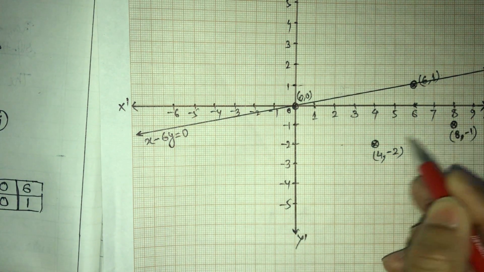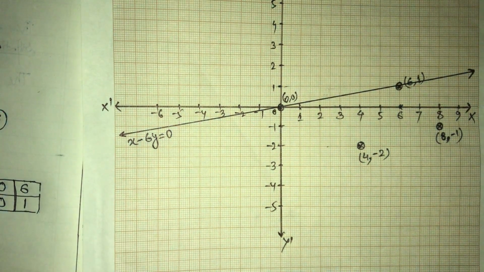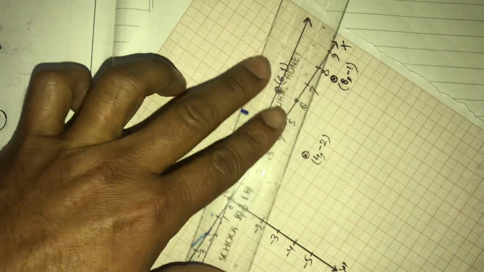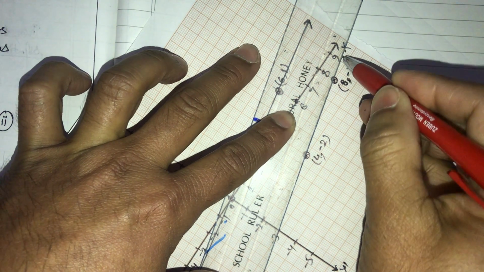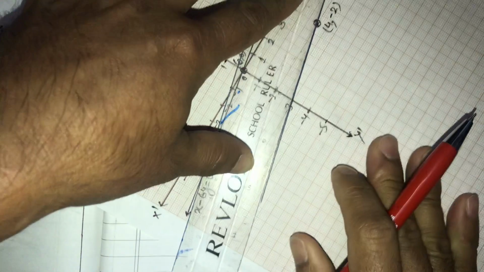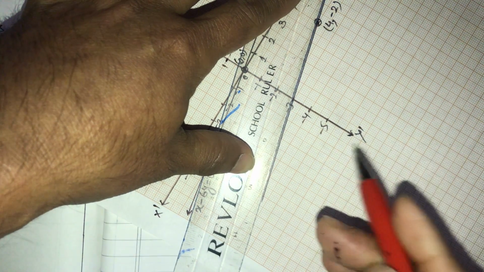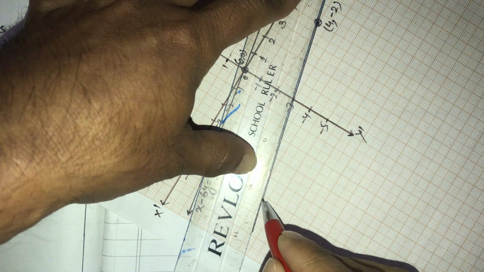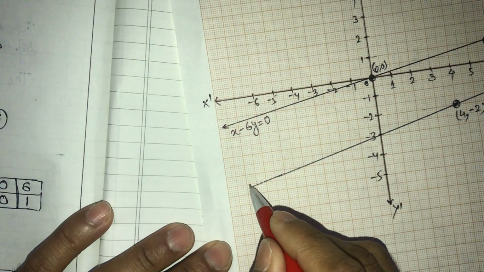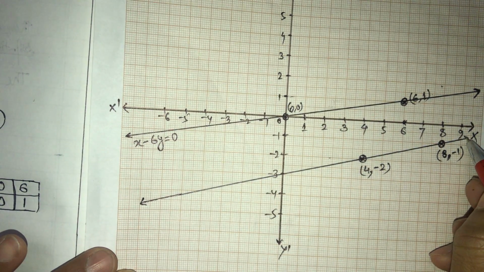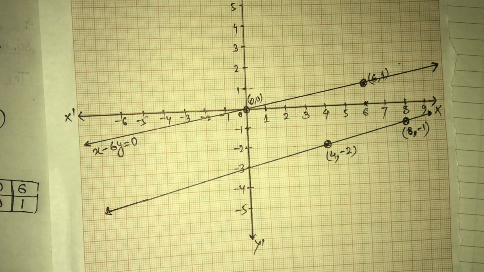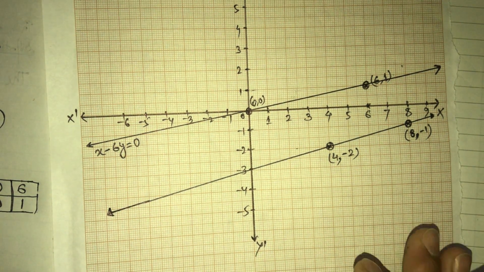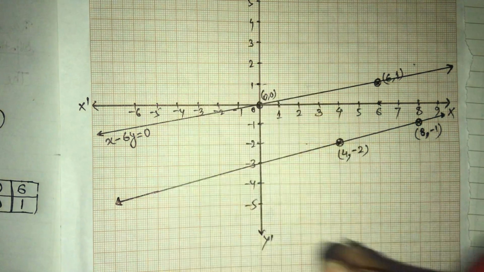So we got 2 points once again. Now we'll join these 2 points. Now we can join them, and as I told you, let your line go throughout the space within the graph. So this is how we do, and as far as possible, try to use one complete graph paper for a better and distinct graph.